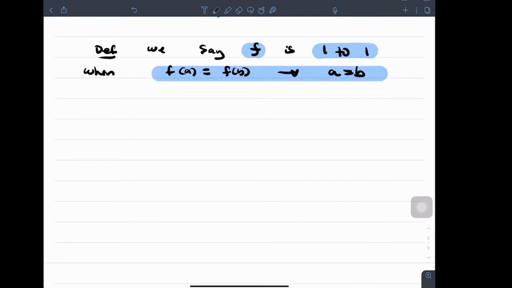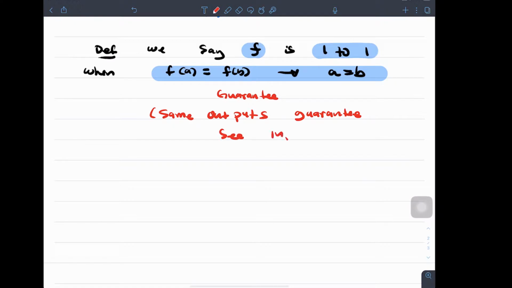Now, this is an implication. This means that there's a guarantee. And if you say, what's the guarantee? Well, the guarantee is really saying the following. Same outputs, because it's the f of value, guarantee same inputs.